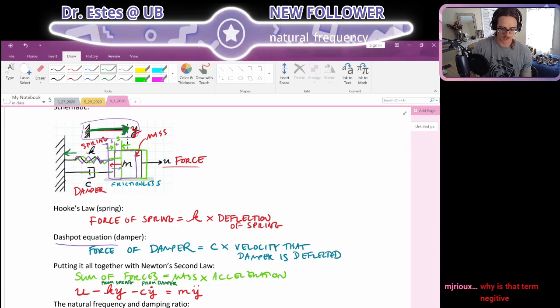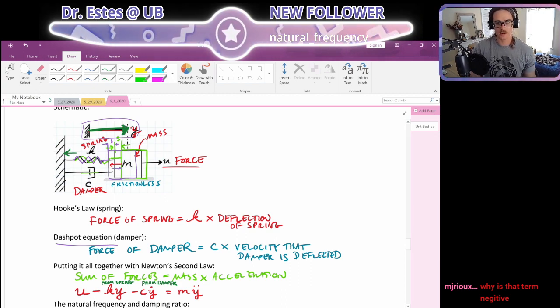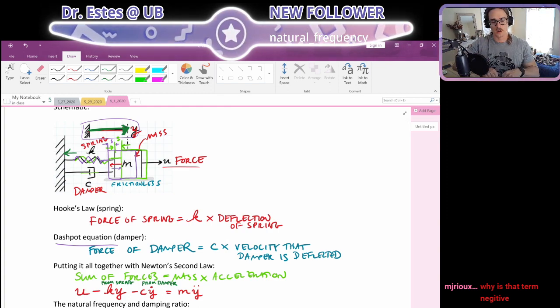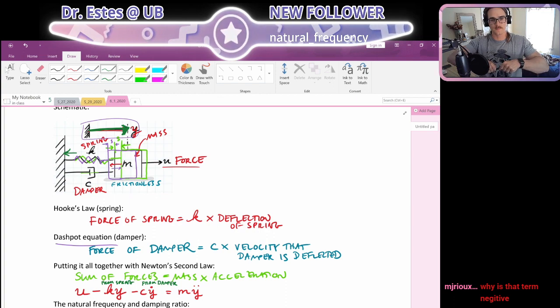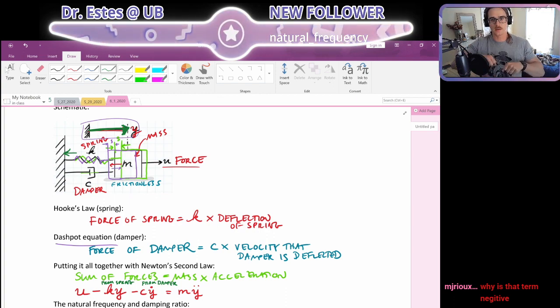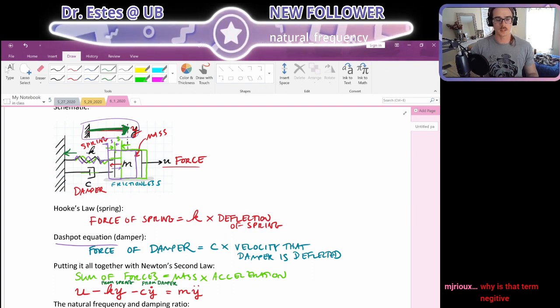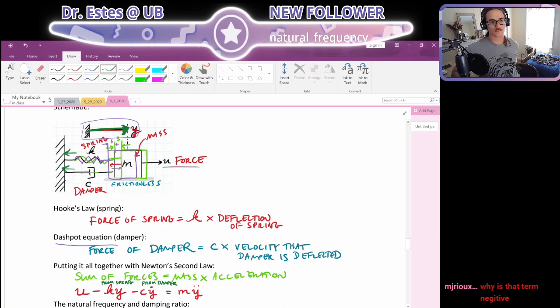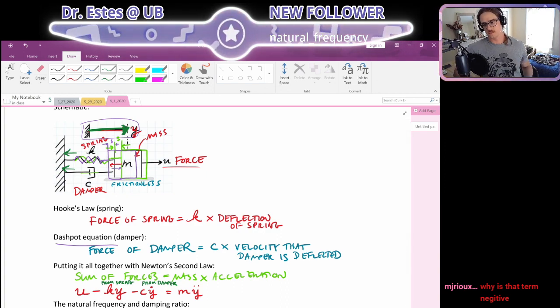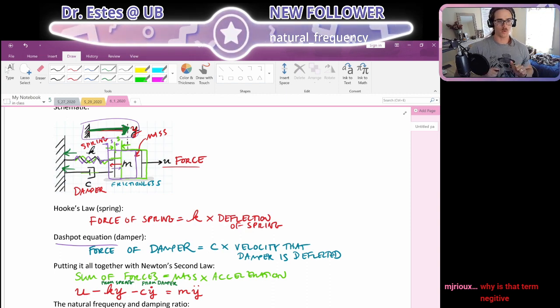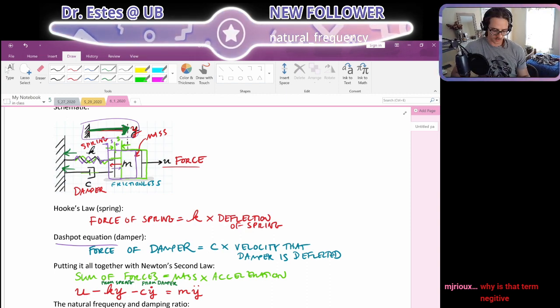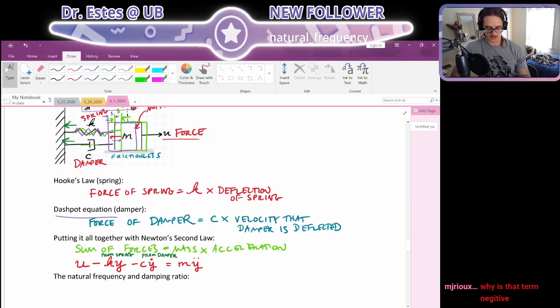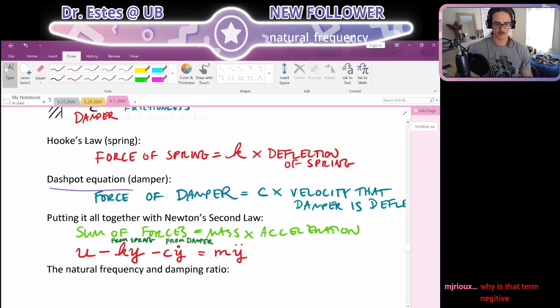So that's a negative force. And then the damper, think about a bicycle pump: no matter which way, if you're pushing or pulling, it's always resisting you. So if I move this mass to the right, that dashpot is going to resist it. A spring and a dashpot or a damper will always be resisting your motion. So if I pull it to the right, it's going to resist it, so negative force.